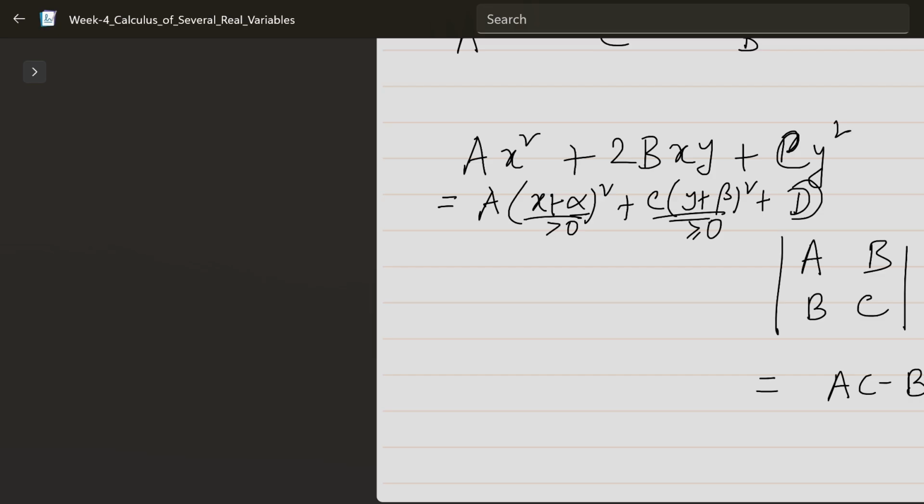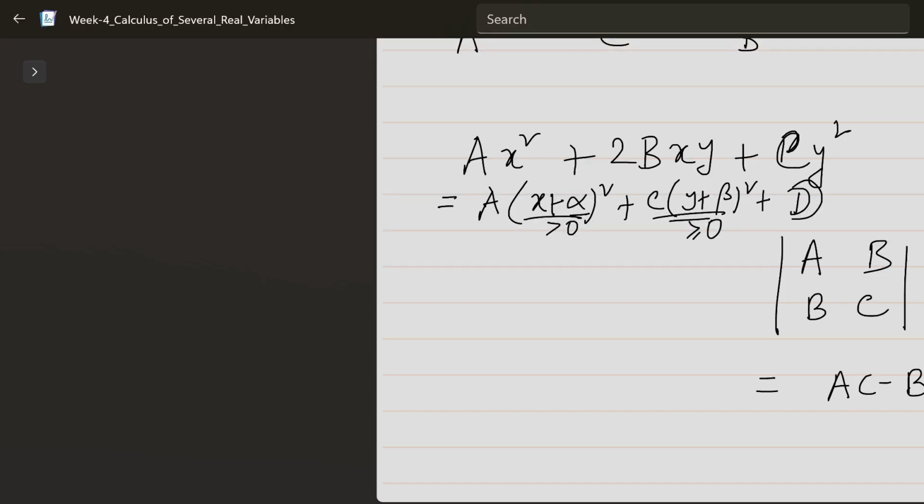If AC minus B square is 0, then that means there are multiple critical points for this expression, more than one critical point.